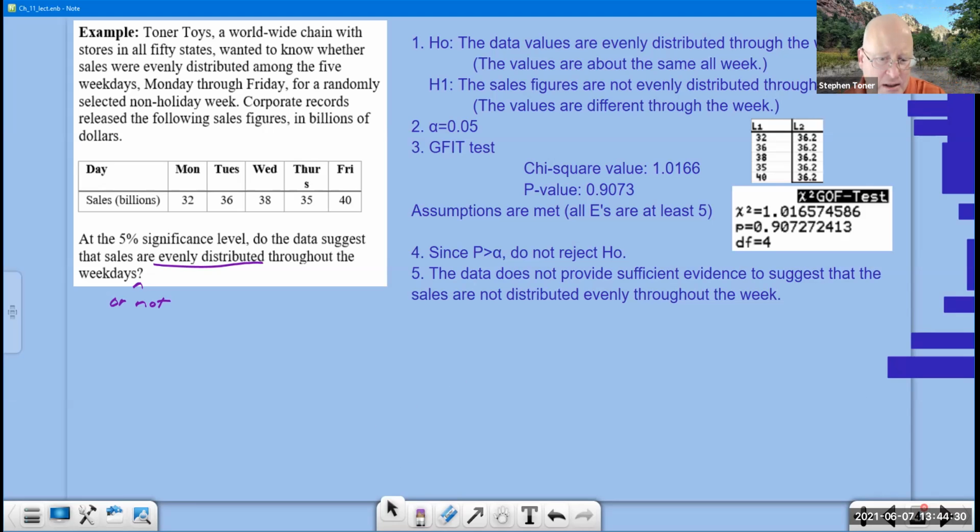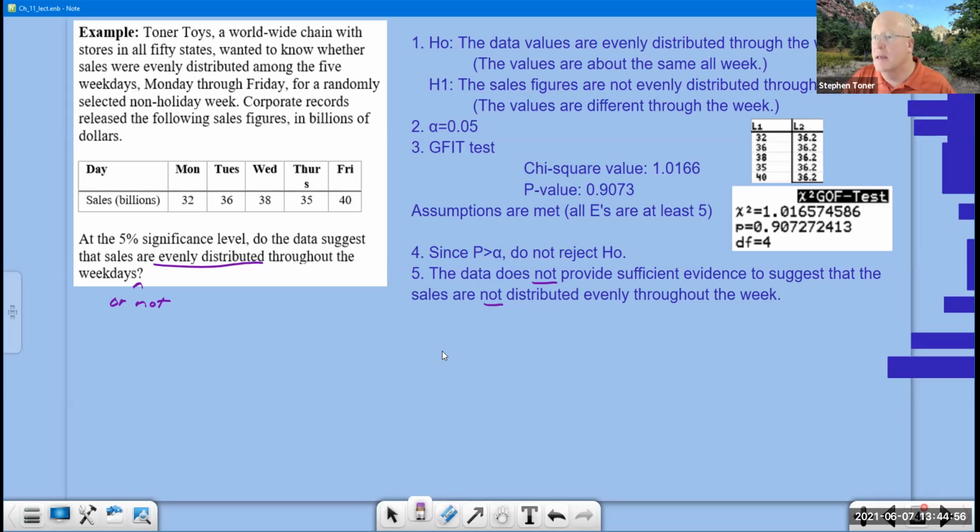Now, as an English teacher, you'd probably cringe at this sentence because we've got this double negative, but that actually is the way we want to word it. Because we're not going to say, oh, they aren't, or they are. We don't want to be declaring this is the way it is. We always leave our language soft, but the data does not provide sufficient evidence.